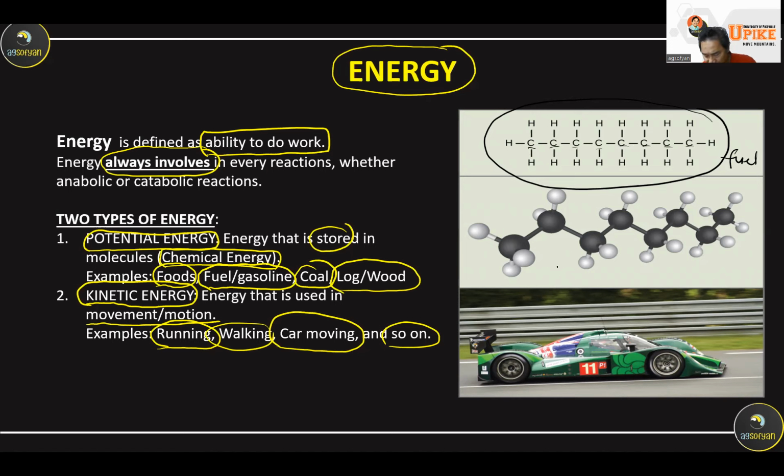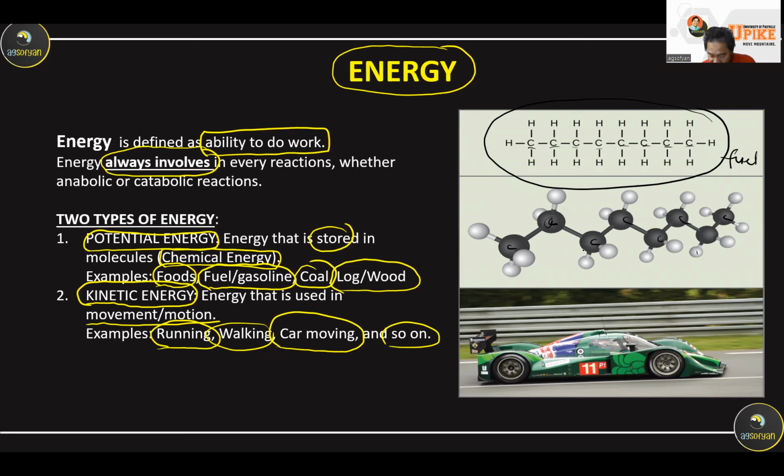This is an illustration of the formula using 3D dimensions. Like, all the black ones over here are carbon, carbon, carbon, carbon, and the white ones are hydrogen, etc. So this is the chemical bond. This is the chemical formula of fuel that actually stores a lot of energy in it.